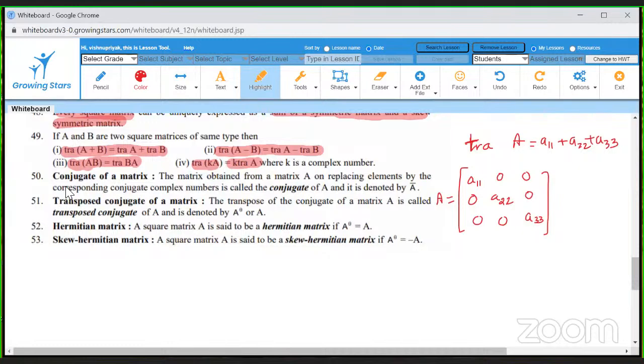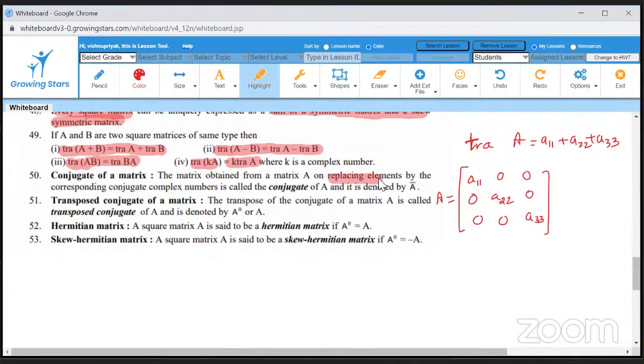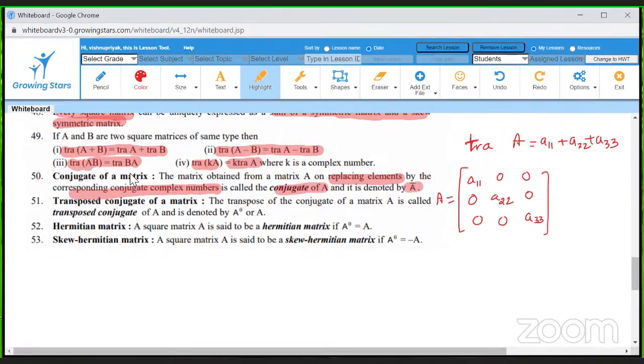Now next, conjugate of a matrix. If the matrix is replaced by corresponding conjugate numbers, then that is the conjugate of A. What do you mean by conjugate?